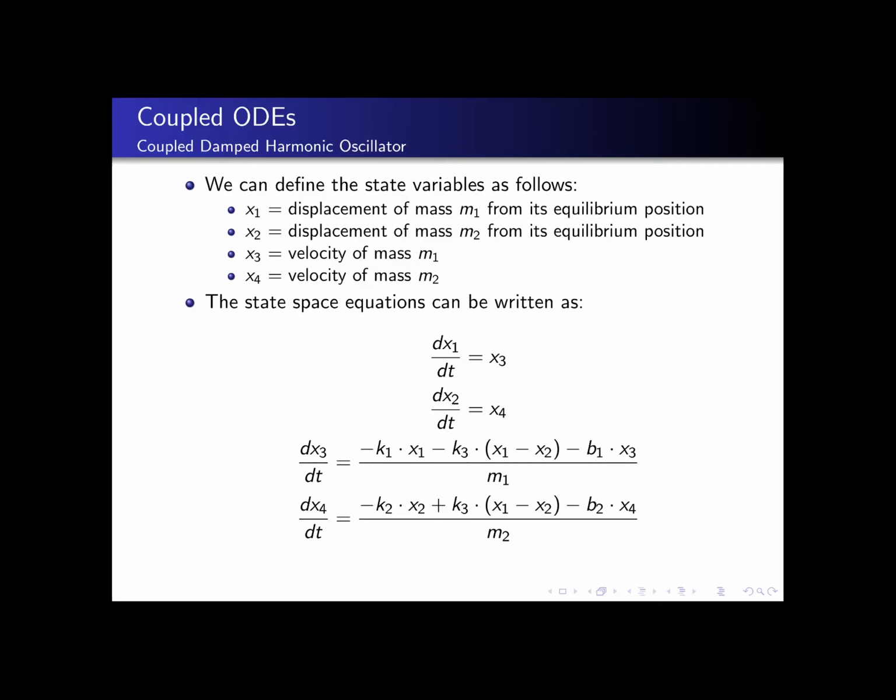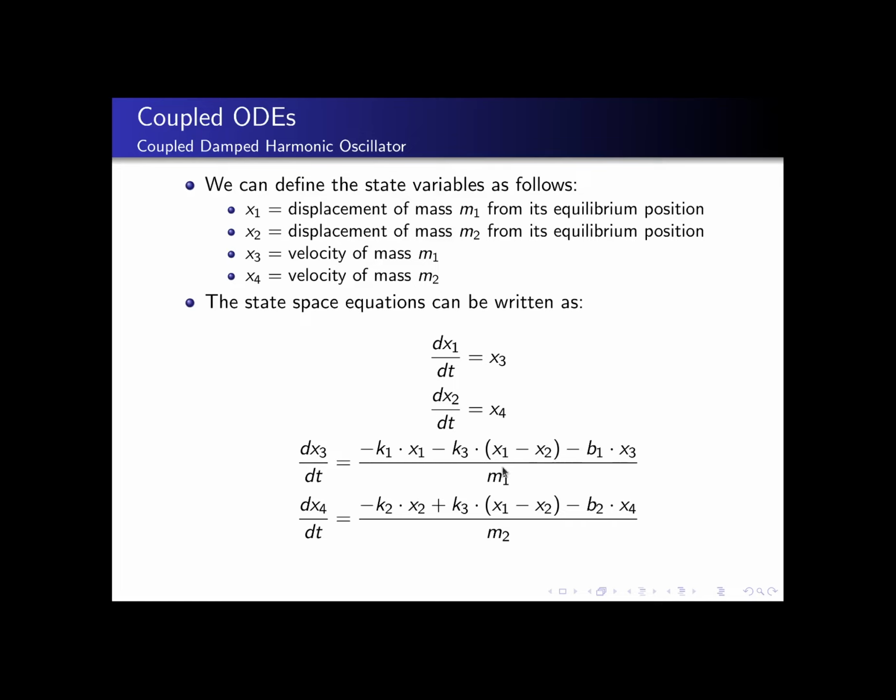Won't go into the derivation of this from first principles, but you can see how it kind of makes sense. The first two equations are essentially just definitions of the x3 and x4 variables with respect to the derivatives of the first two variables. And then once you take the derivative of the third and fourth variables with respect to time, then Hooke's law kicks in and all the internal coupling and the mutual coupling via the K3 spring constant show up.